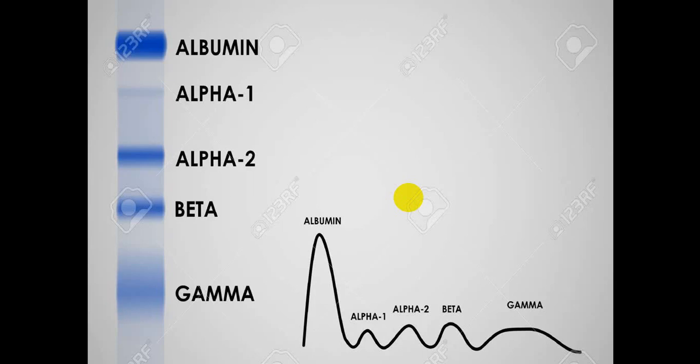So this is a sample that has been separated into components. We can say this one contains gamma. You see the peak. Gamma is the smallest. The migration started from the top here. Honestly, I don't know where the origin is, because it's not indicated in the diagram.